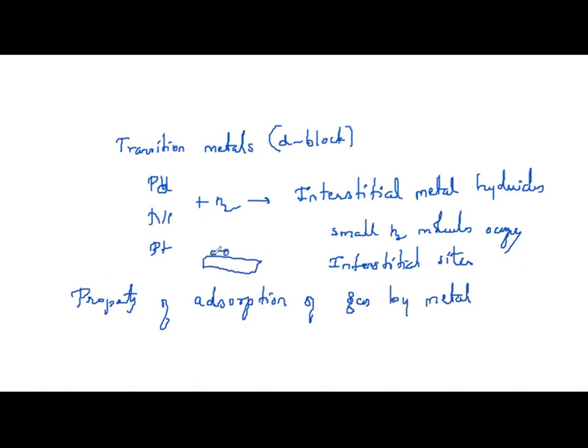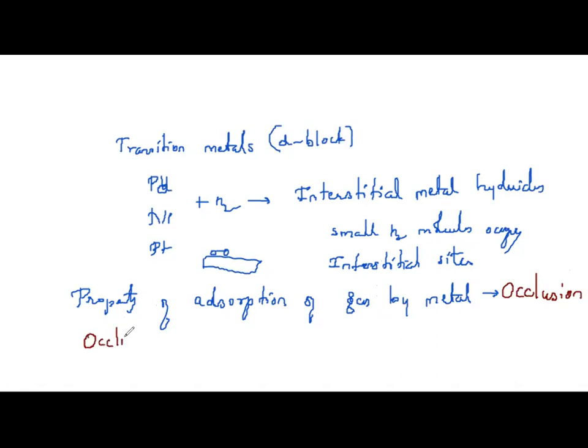There are certain sites, yes, we call them interstitial sites, we call them active sites. So the property of adsorption of gas by metal is called occlusion, and the gas is called occluded gas.